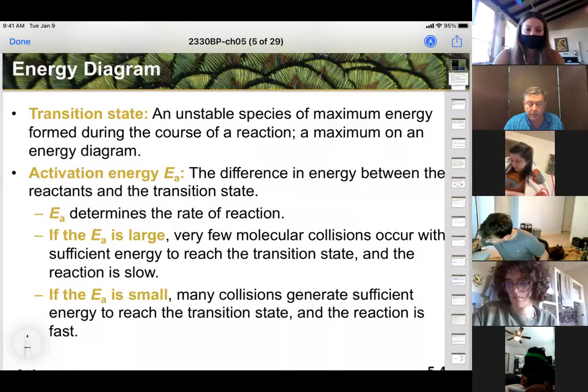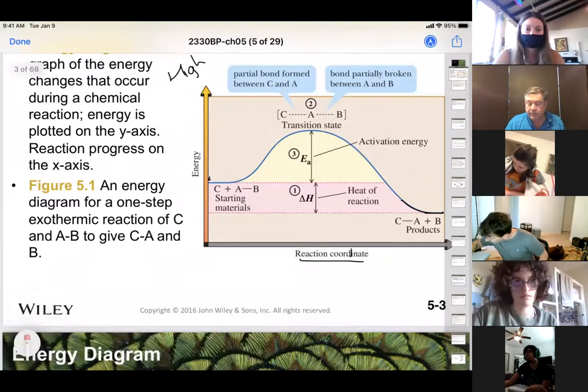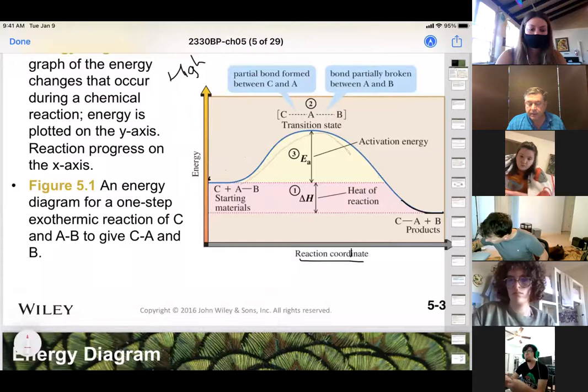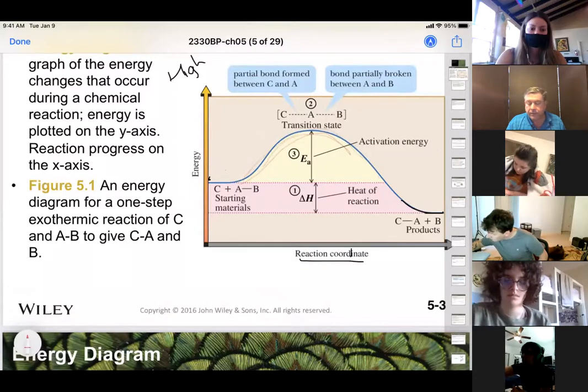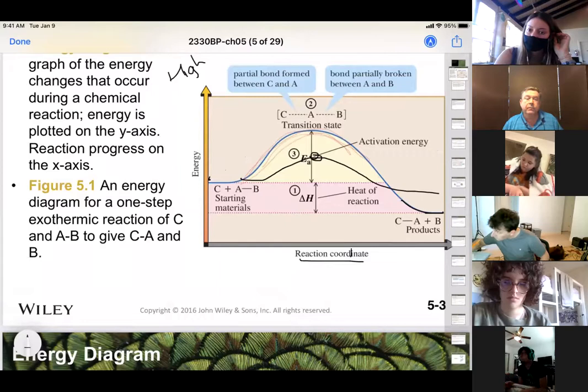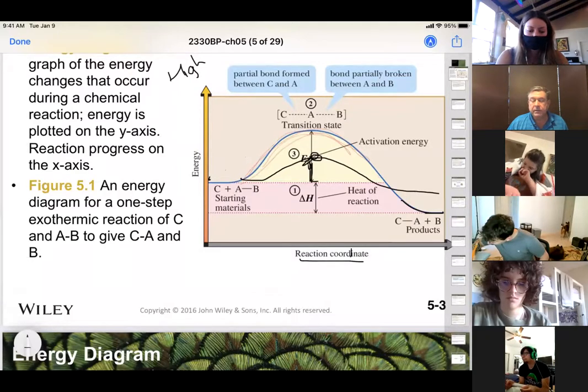So when we look at our energy diagram, the height of this transition state gives us an idea of this. So if we were comparing this reaction to a reaction that had a lower activation energy, that reaction would actually go faster, because you have more molecules obtaining this amount of energy to be able to go.